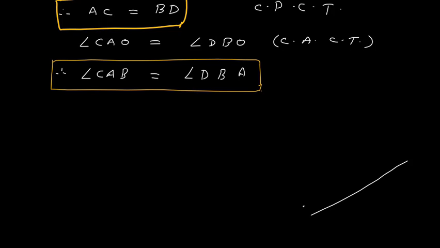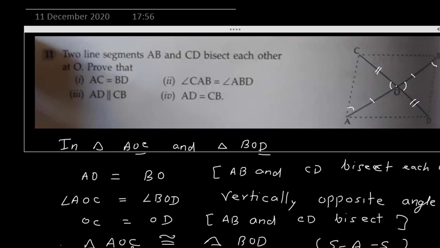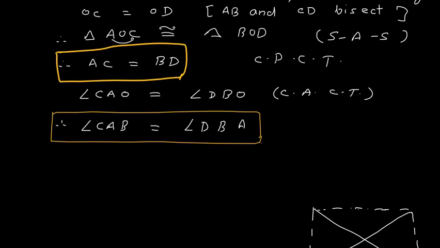We have two sides, they are bisecting like this, and then we have drawn these dotted lines, and name the figure as A, B, C, D. Vertically they have named A here, B here, C here, and D here, and this is point O. So we know that this side and this side are equal, and this side and this side are equal.